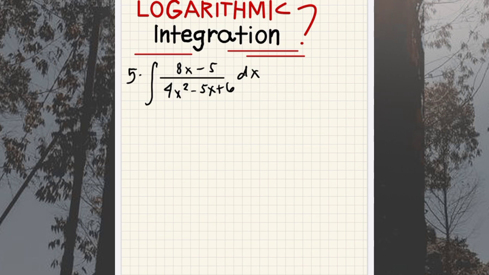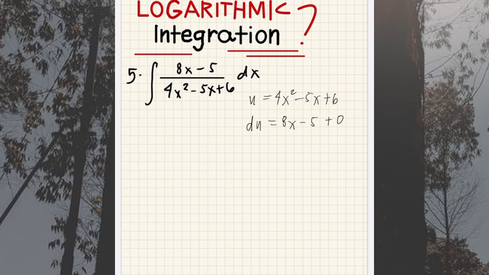So let's find the derivative of the denominator. Let u be equal to 4x squared minus 5x plus 6. Then du will become 2 times 4, 8x minus 5, plus 0.